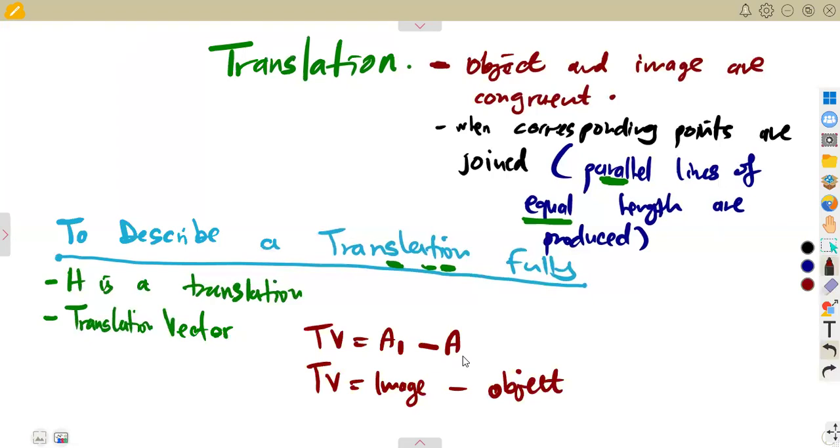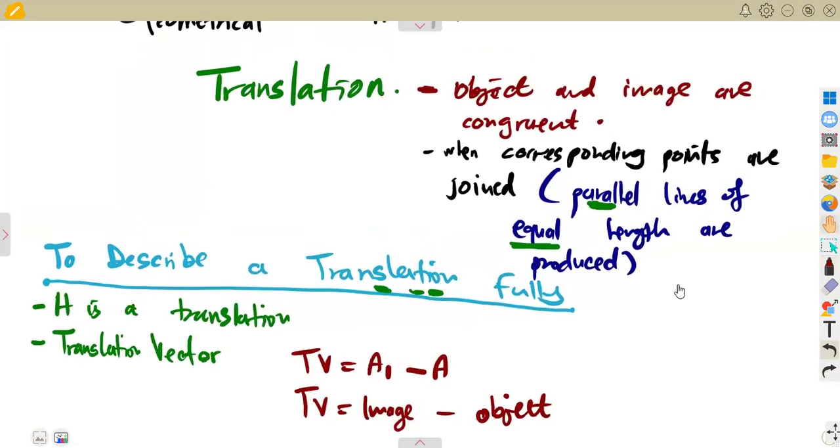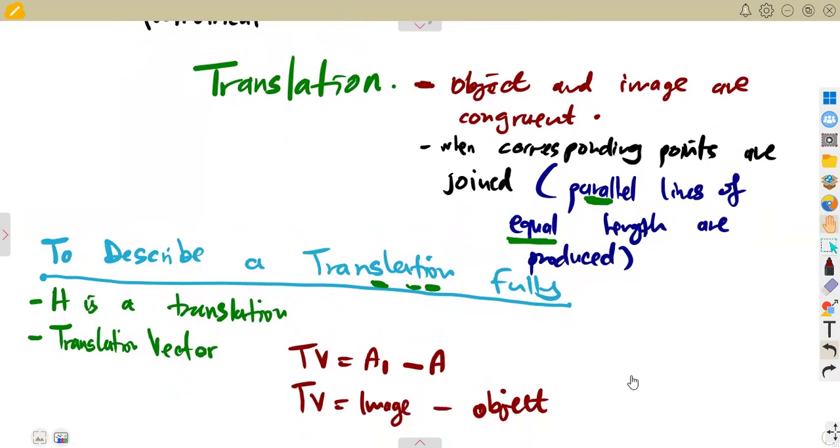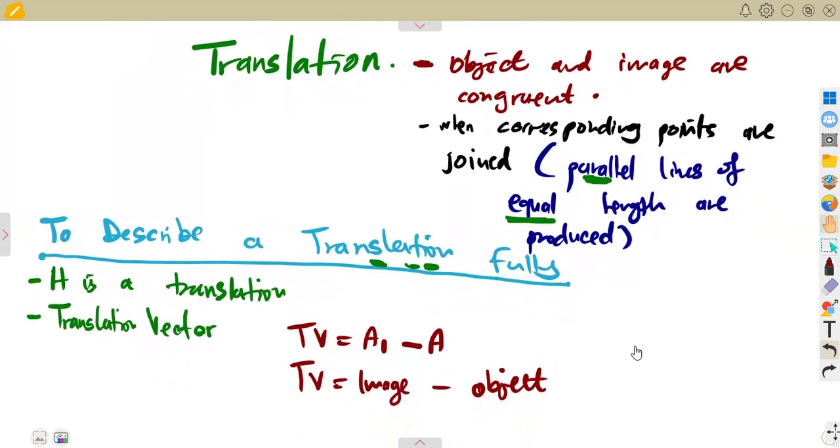You just need to know this: you've seen that the objects are the same, they are congruent, you've joined your lines, and you see that they are parallel and equal. Now, when you describe, you state it is a translation, then you state the translation vector, which is found by image minus object.